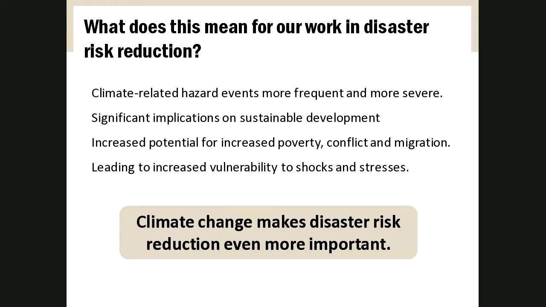We don't often see more frequent ones. Here I do say in some places we see the frequency increased, but in most places the severity or the size of the disaster is bigger because of this concentration of climate-related hazards, and we'll touch on those in a minute. And these have, of course, significant implications on sustainable development.